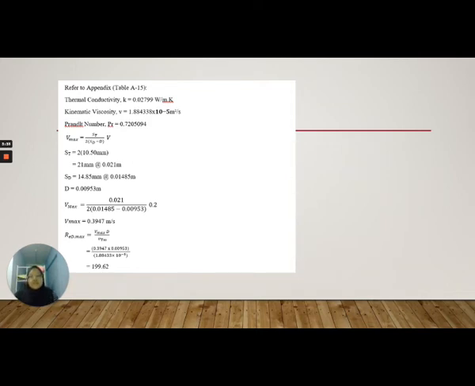Next, we will move to the calculation. To obtain the thermal conductivity, kinematic viscosity, and Prandtl number, we have to refer to the appendix, which is table A15. Once we obtain all the values, we will calculate the maximum velocity.